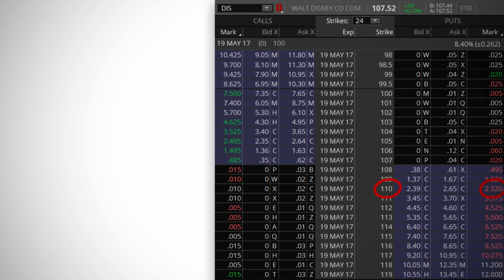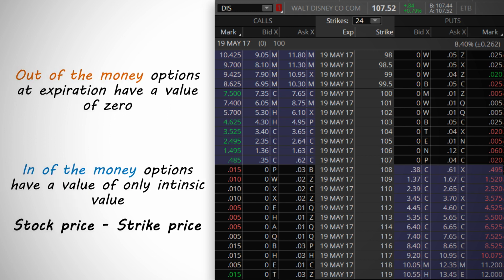Remember this, because owners of these puts will be allowed to sell stock at a price of $110, with the stock's real value at $107.52. This means there is $2.48 of intrinsic value, and that is the only value these puts have, as they have just expired. So, just to review, out-of-the-money options, once they expire, have a value of 0.